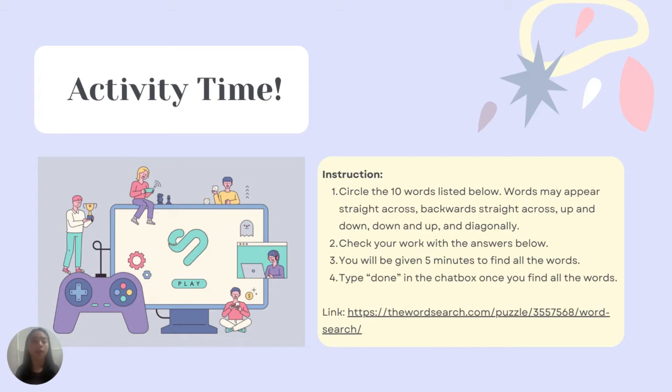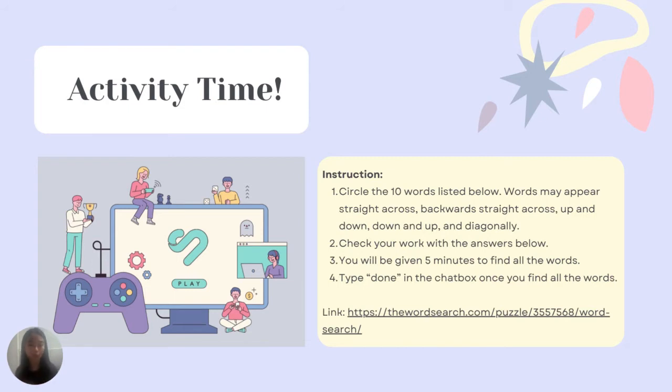Then we will choose one to two students to tell what they observed during the activity. For the instruction, you just have to circle 10 words listed below. This is actually a word search, a common game. I hope you still know how to do this, but just to remind you, let me tell you.